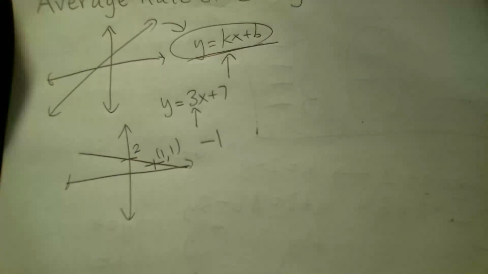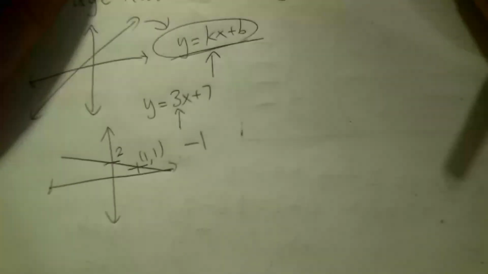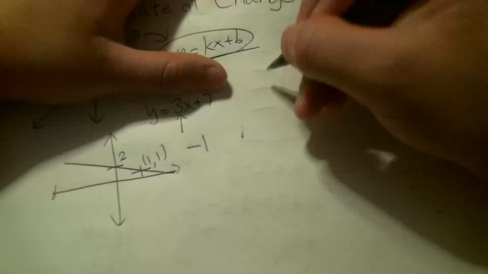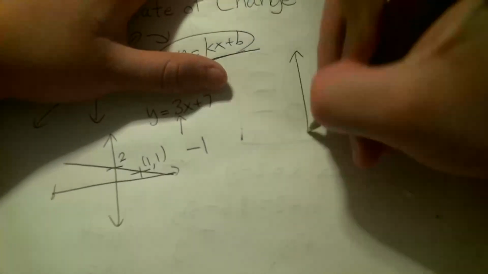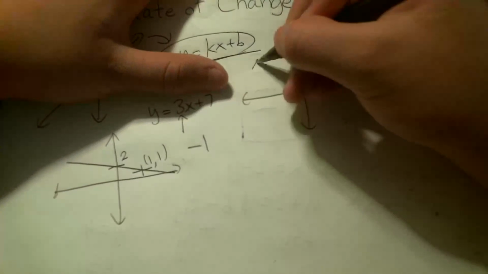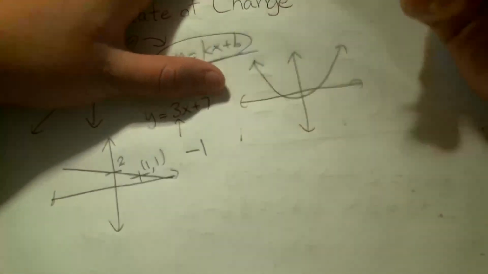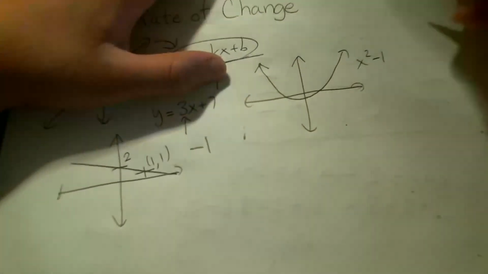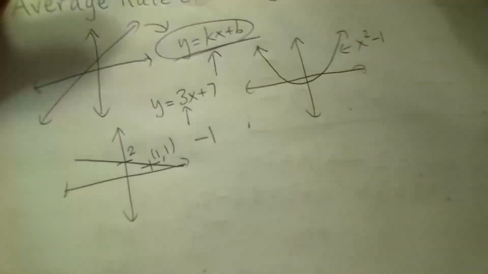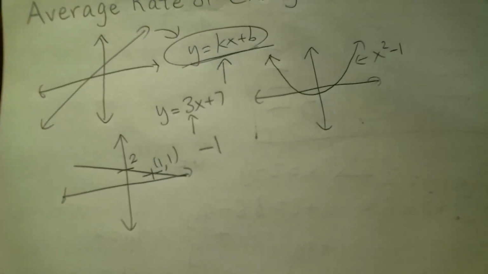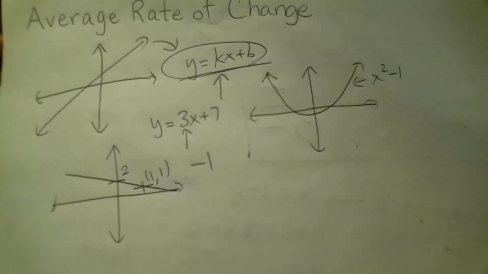Another way to approach this is by finding the average rate of change of a nonlinear equation, such as this here. This is x squared minus 1. That is the graph for this, and if you wanted to find the average rate of change for this, you would have to find the average slope throughout this entire graph.